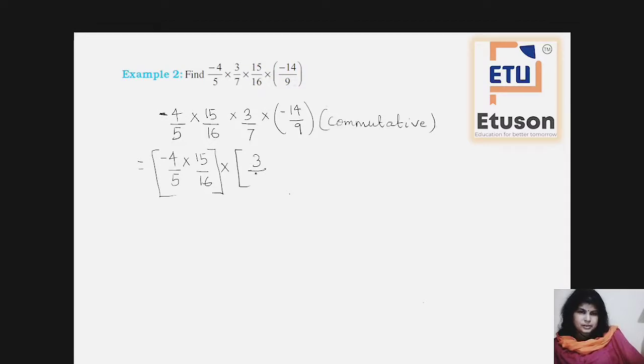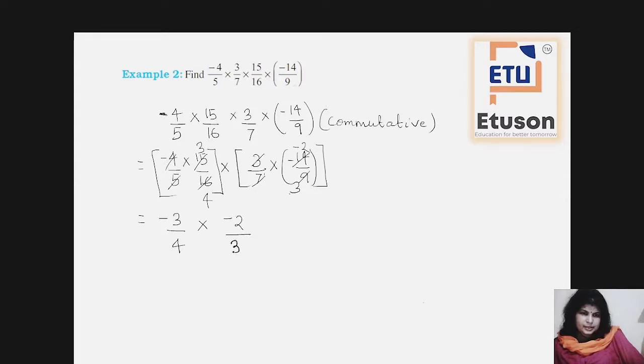Here I am going to use the associative law because we are grouping it. So minus 4 by 5 into 15 by 16 is one group, and 3 by 7 into minus 14 by 9 is the other. Here 5 and 15 cancel, giving 3, and 4 remains, so you get minus 3 by 4, into, similarly 3, 9, 3, minus 2 by 3.